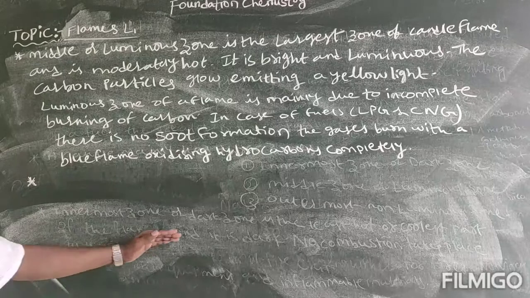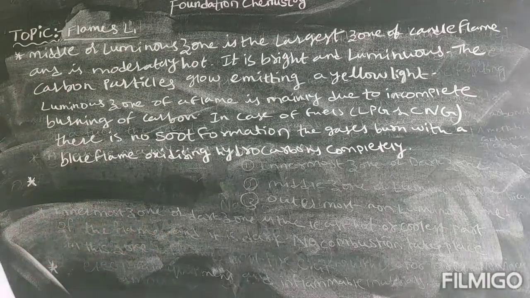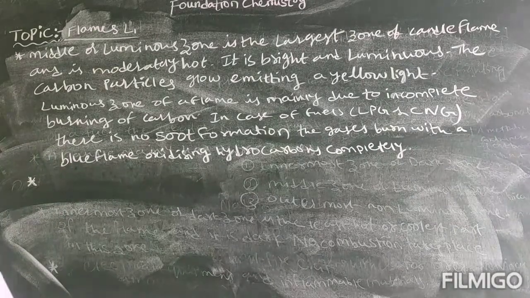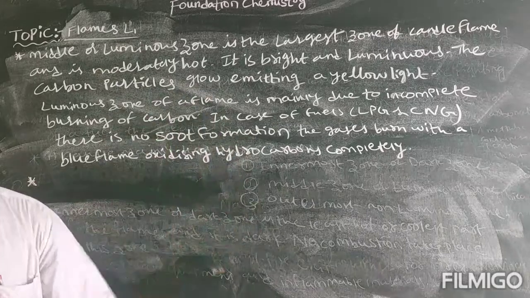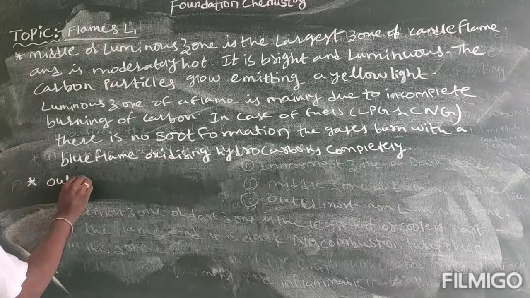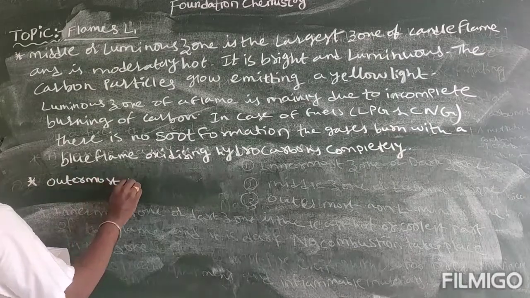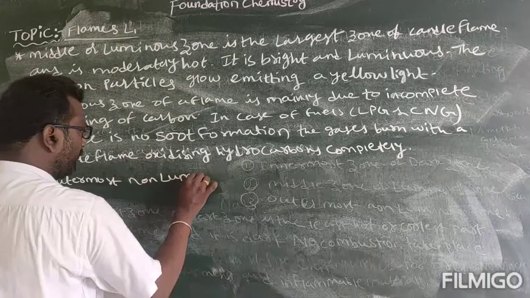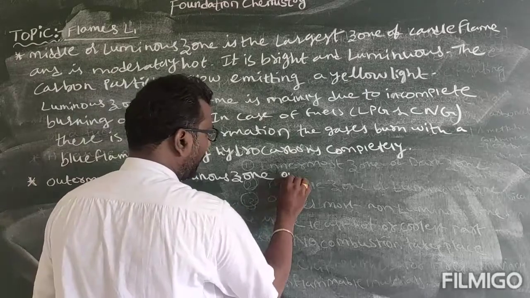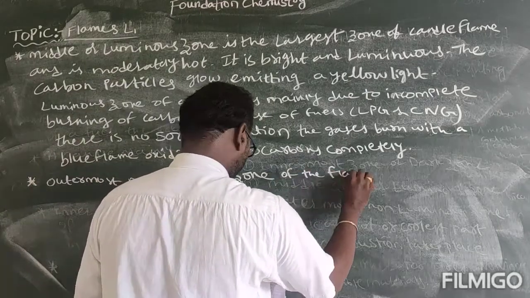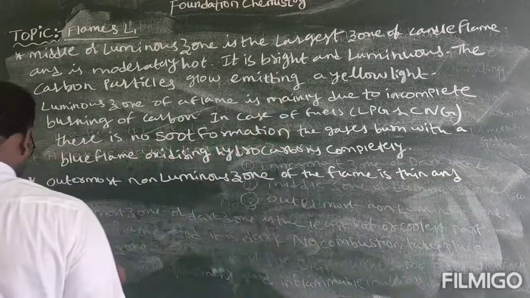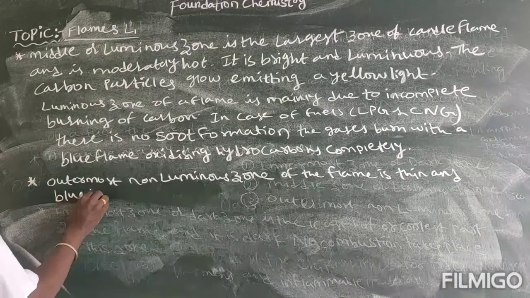Innermost we have completed and middle also we have completed. Now we are left with the outermost zone. Generally the outermost zone is blue in color. The outermost non-luminous zone of the flame is pink and blue in color.